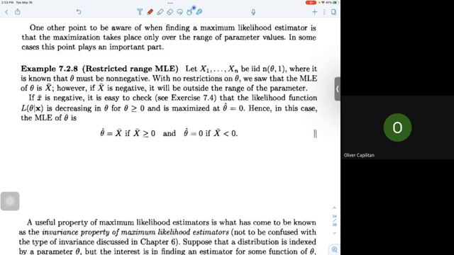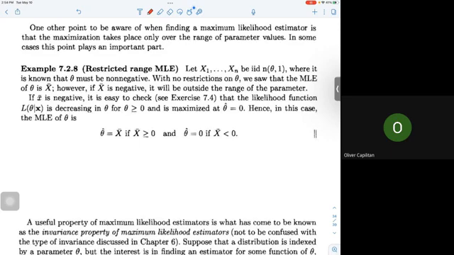So if the sample mean is negative, it is easy to check that the likelihood function is decreasing on the parameter theta for theta greater than or equal to 0. And it is maximized at theta hat equal to 0.